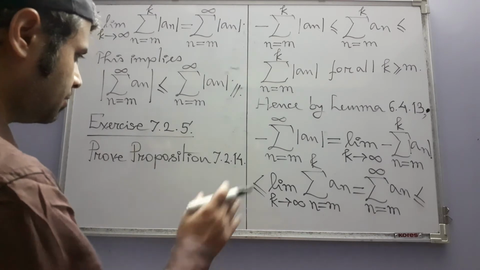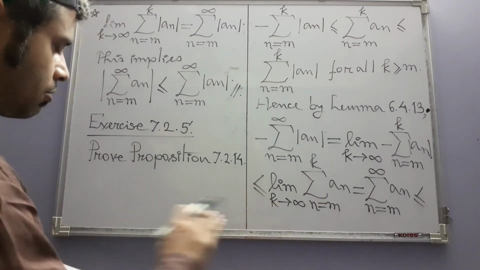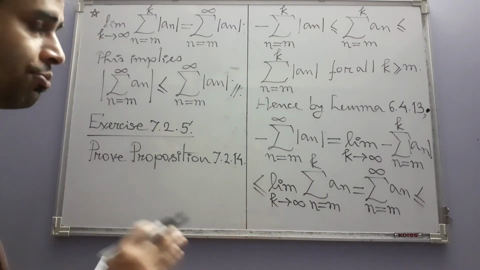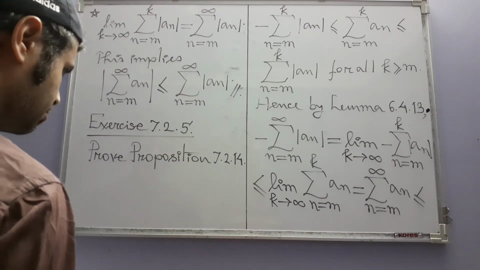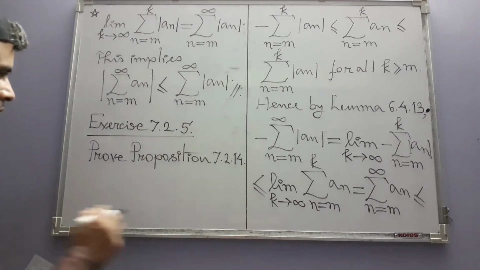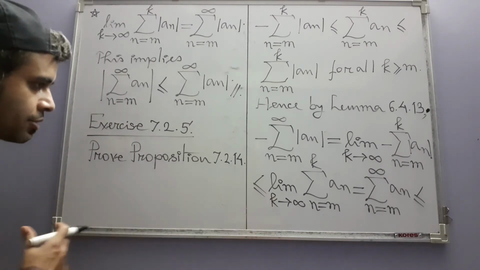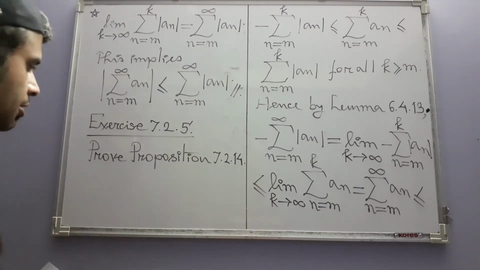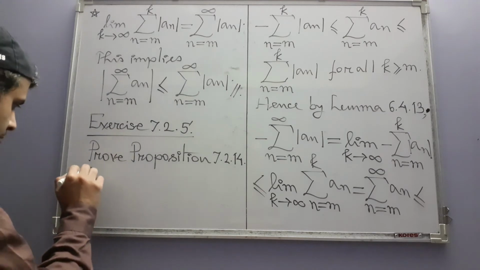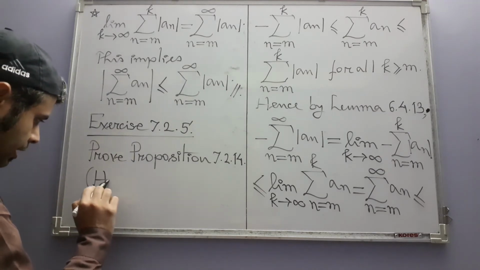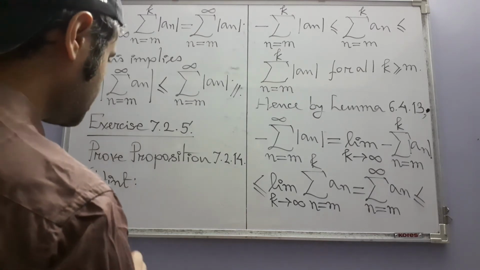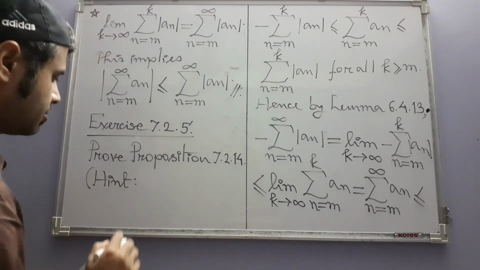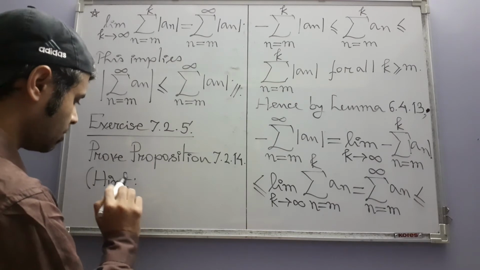And also we proved the corresponding laws for finite series. That's why here you just have to mention the things and the parts will just drop out as consequences. And that is why the hint is also just that. Use theorem 6.1.19, which is limit laws for sequences.